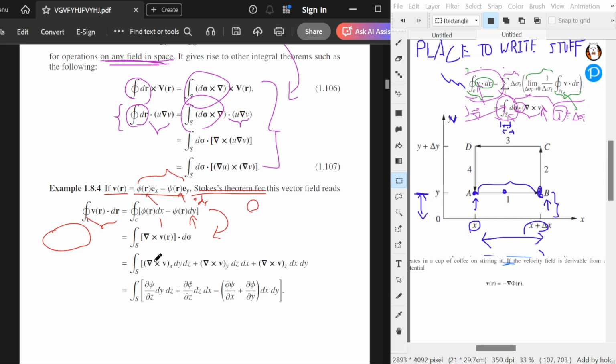Stokes' theorem, gradient cross plane. Yeah. Okay. So we're computing this into the three terms.